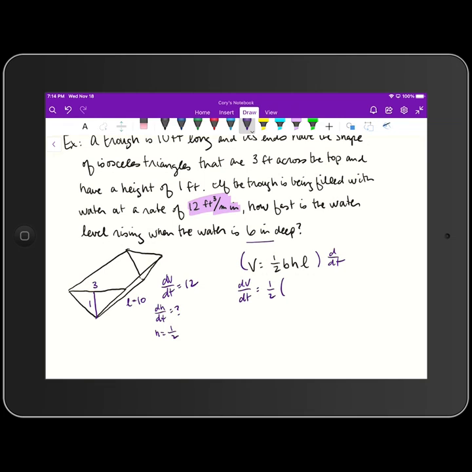Now this is the first time we've seen this, but when we look at the right-hand side, b times h times L, that's actually the product of 3 functions.